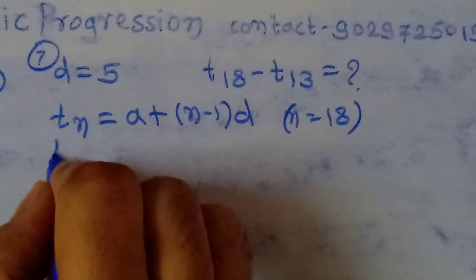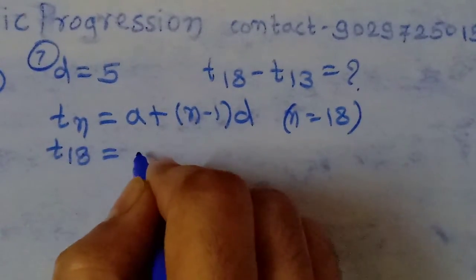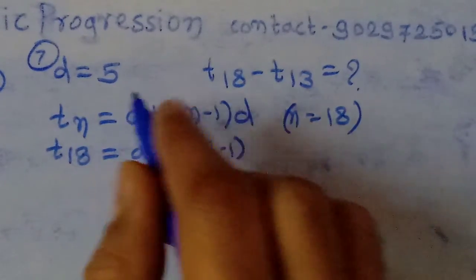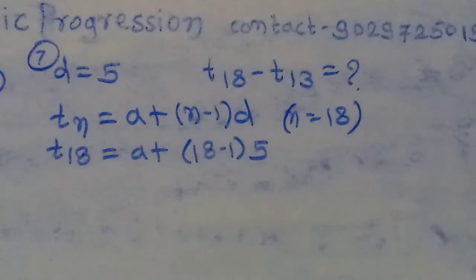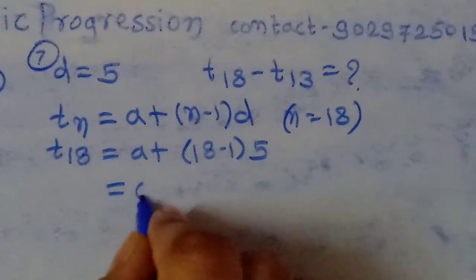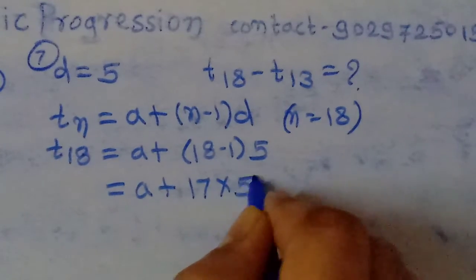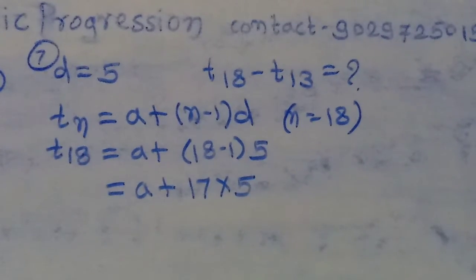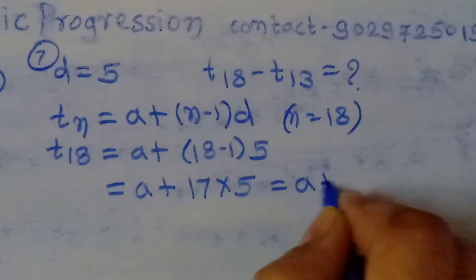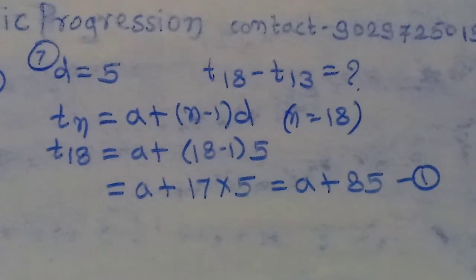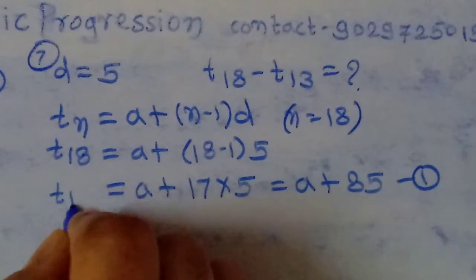T18 is equal to A plus 18 minus 1 into D, which is 5. This is A plus 17 multiplied by 5. A plus 85. Suppose this is equation 1 and this is your T18.